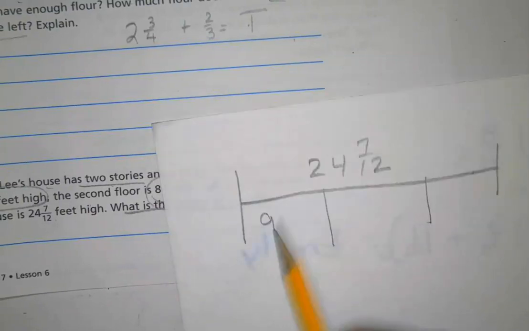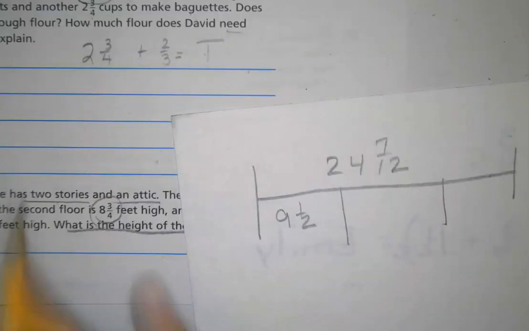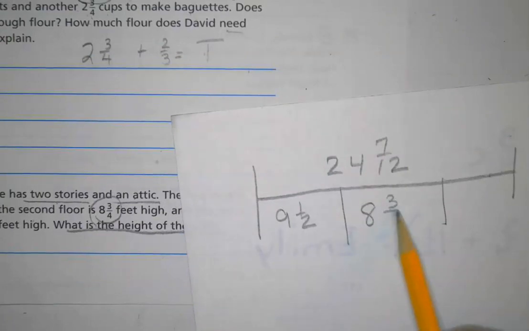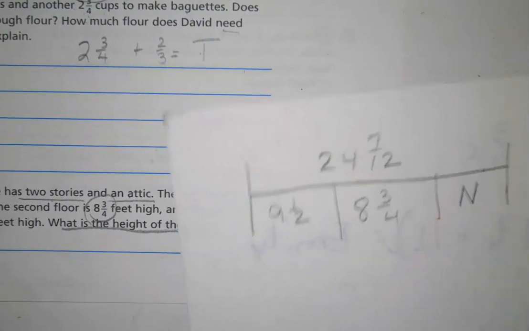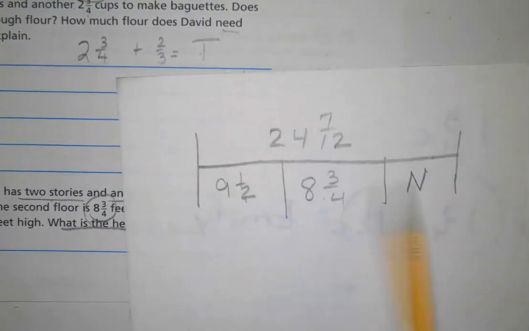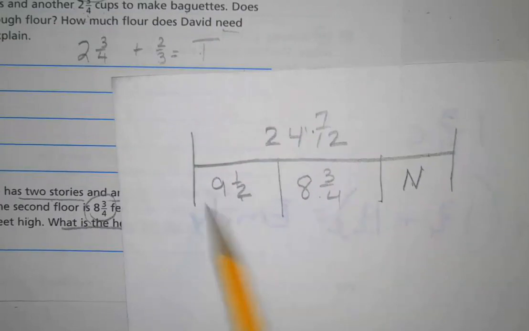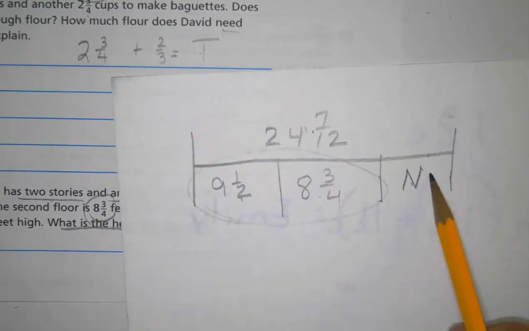The first is 9 1/2 feet. The second is 8 3/4 feet. And the third, we don't know. Some number. But I do know that these 3 parts have to add up to that. Or, subtract these 2, and that is going to equal this.